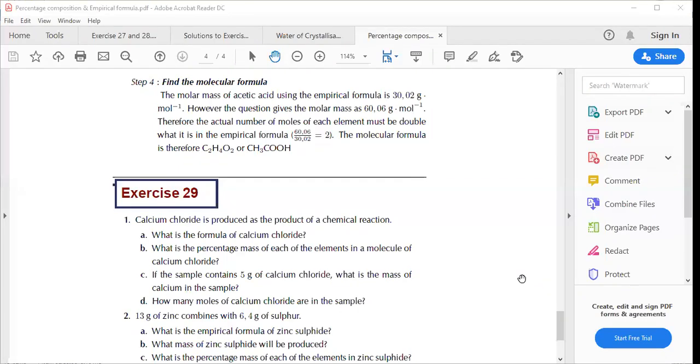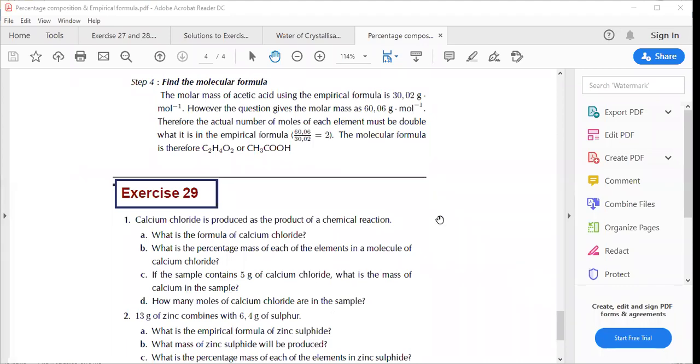So calcium chloride, CaCl2. That's calcium chloride. Then we move on to the next one.